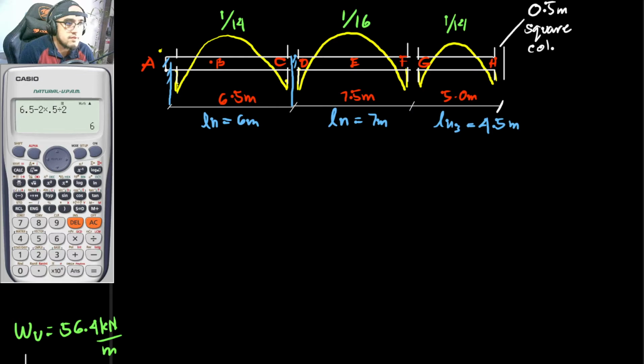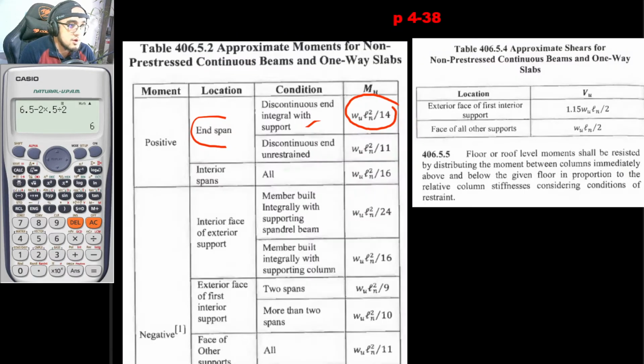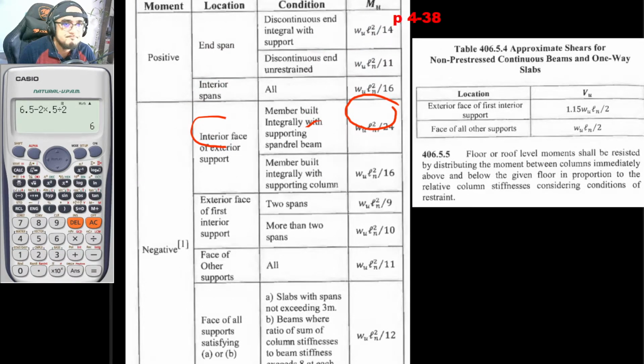So for the negative moments, let's start here at this point. So if we go back here once again, itaas ko. Okay, so interior face of exterior support. So by exterior support, that is to be the outermost column. And when we say interior face, what is the Tagalog of that?